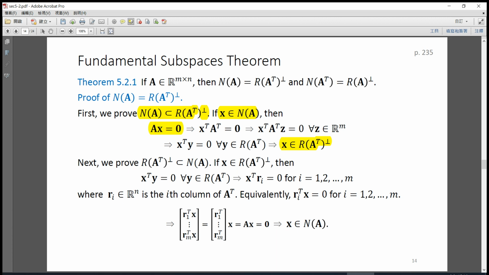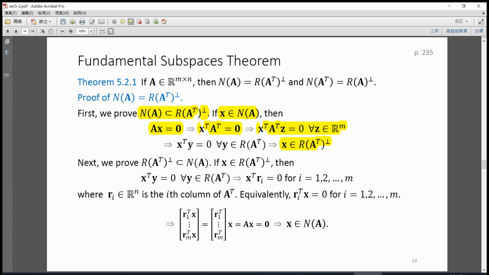Then we take transpose on both sides and obtain x transpose times A transpose equals the zero vector. In view of this equality, we know x transpose A transpose z equals 0 for all z in Rm.